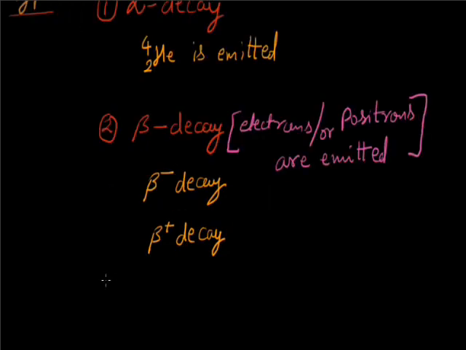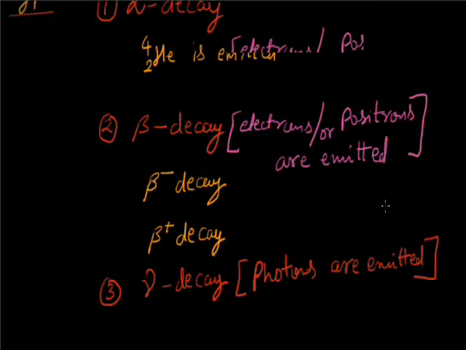The third decay is gamma decay. In this, high energy photons are emitted. Now we will study alpha, beta, gamma decay in detail.